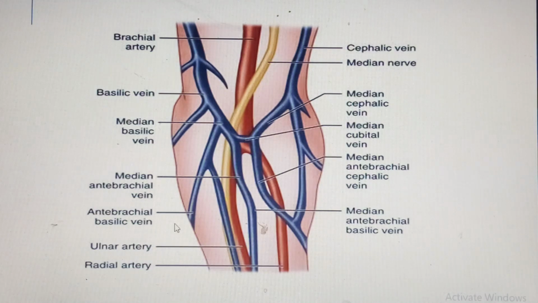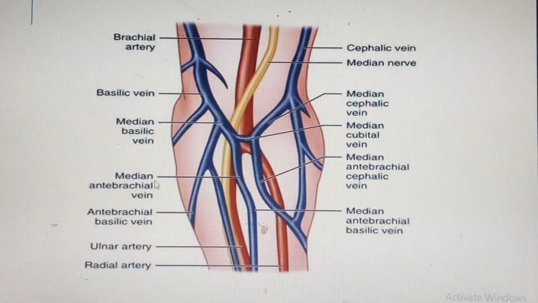Similarly, the basilic vein of the forearm drains into what we call the median basilic vein.